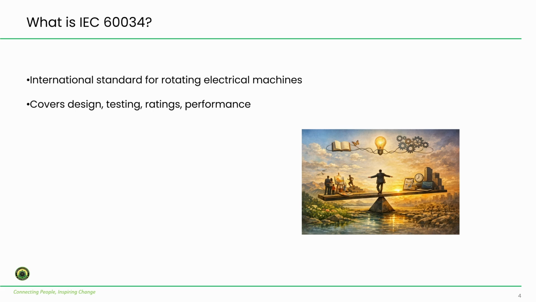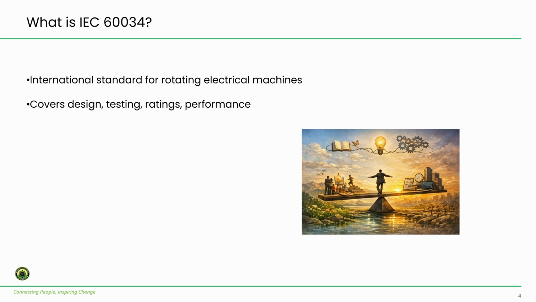IEC 60034 is a series of standards related to rotating electrical machines, mainly electric motors. It defines requirements for electrical ratings, thermal limits, insulation classes, cooling methods, performance and testing. In simple words, IEC 60034 tells us how a motor should be designed, tested and rated.